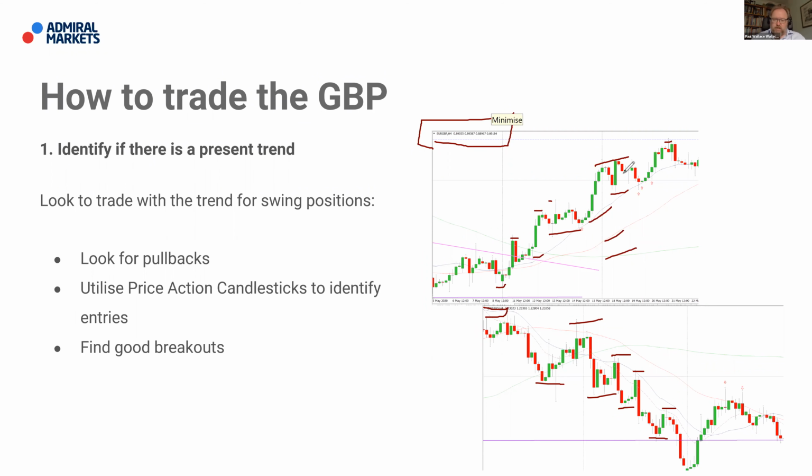Tyrone asks me a question saying, those moving averages used, Paul, are they EMAs or SMAs? I just use simple SMAs: 20, 50 and 200, blue 20, red 50, green 200, just very simple. If you want to learn more about that, I did a session a few weeks back on a deep dive into using moving averages.